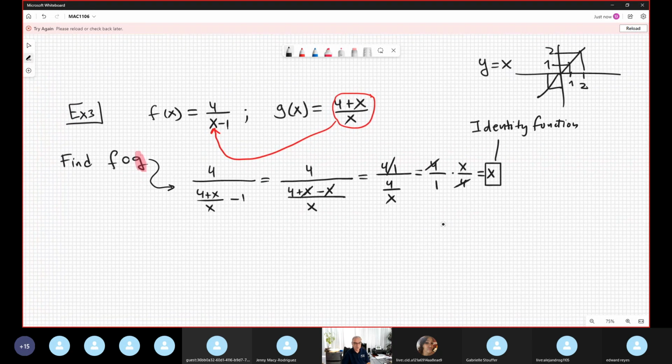Now, what is the domain of f composition g? Well, according to the formula, remember, it is the domain of g intersection the domain of the new expression. But the new expression is identity.